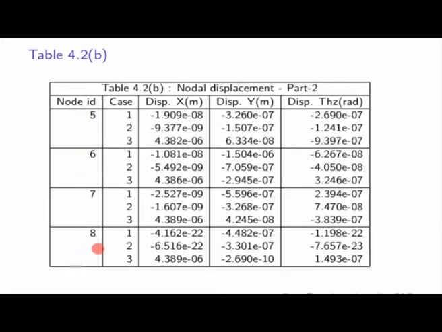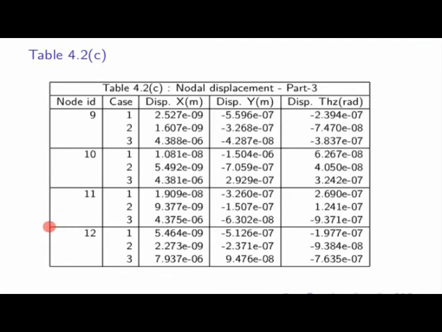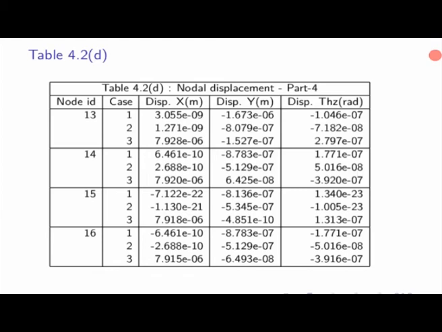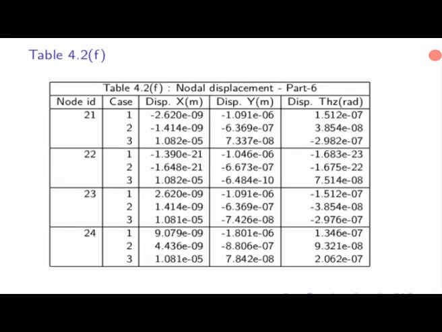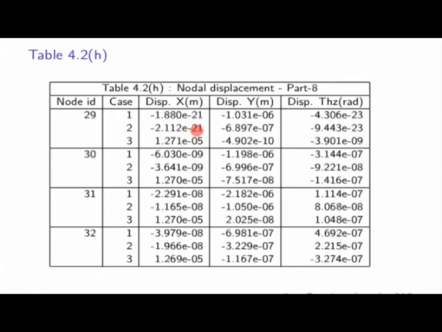Then 5, 6, 7, 8, all those are given, and then you can see this is negative, negative means downward displacement. Then 9, 10, 11, 12, 13, 14, 15, 16, then 17, 18, 19, 20, 21, 22. So I have given the displacement for each case, 1, 2, 3. So like that you can find out the displacement, and other things you can find out.